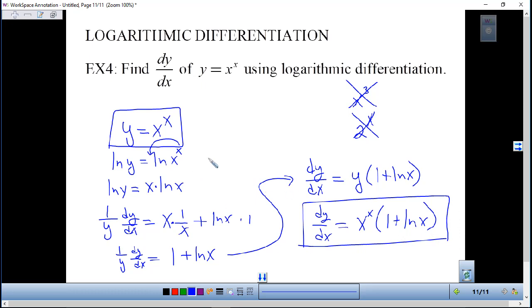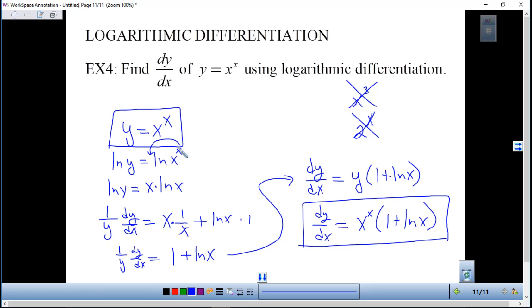Now you're going to need to use logarithmic differentiation anytime you have a situation where both the base and the power are variables, even if they're not the same variable. Now you're probably not going to see one of those, but you may see x to the 3x or something like that, or x to the x squared.